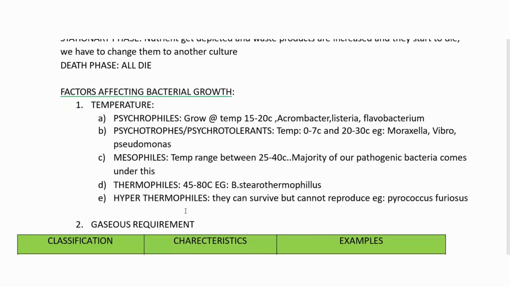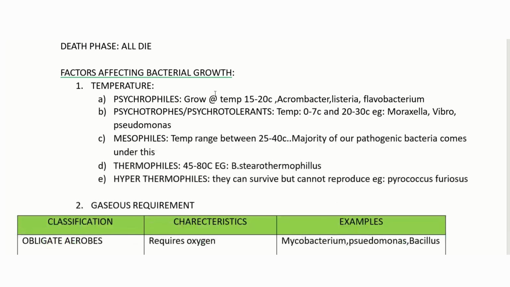And the next one is factors affecting the bacterial growth curve. First one is psychrophiles. Psychrophiles means they are usually chill lovers, and they grow at the temperature of 15 to 20 degrees Celsius.